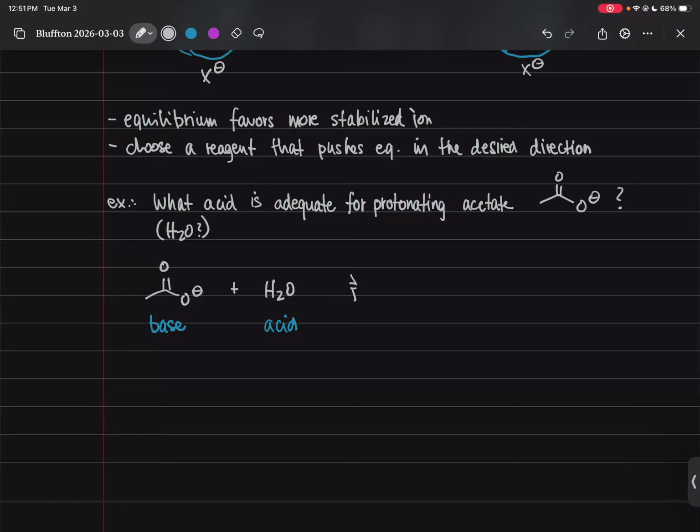And so we'll do that reaction. There we go. We've transferred a proton from the acid to the base. So that means this is our conjugate acid, and that's our conjugate base.